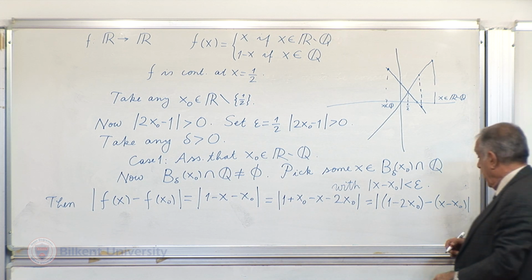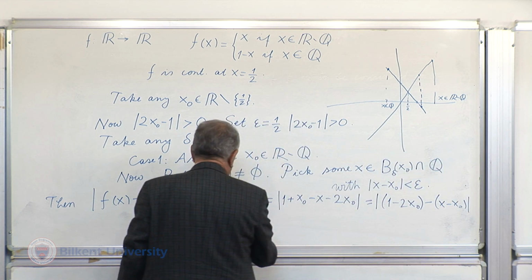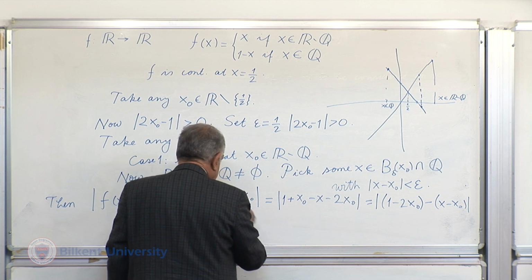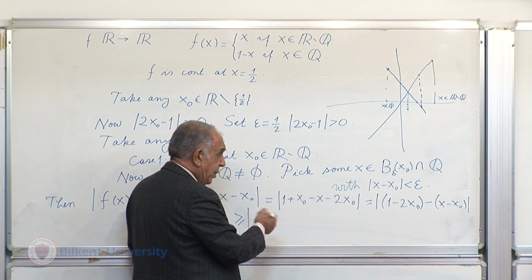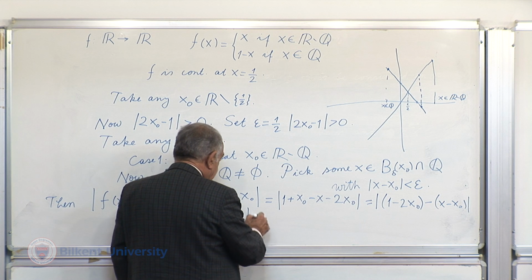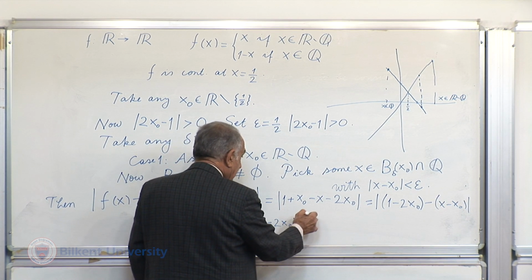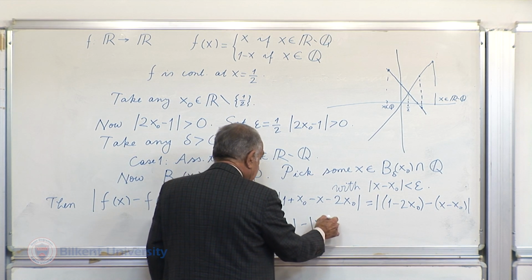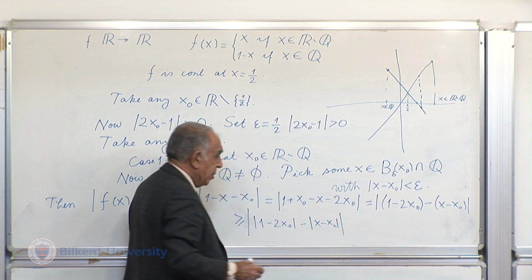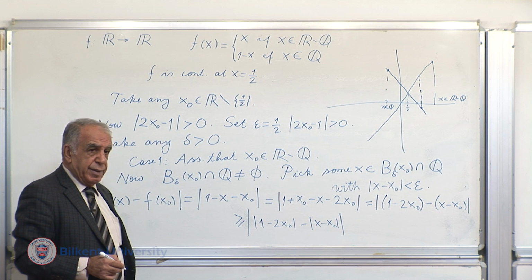This will now be larger than or equal to the absolute value of 1 minus 2x naught minus the absolute value of x minus x naught.